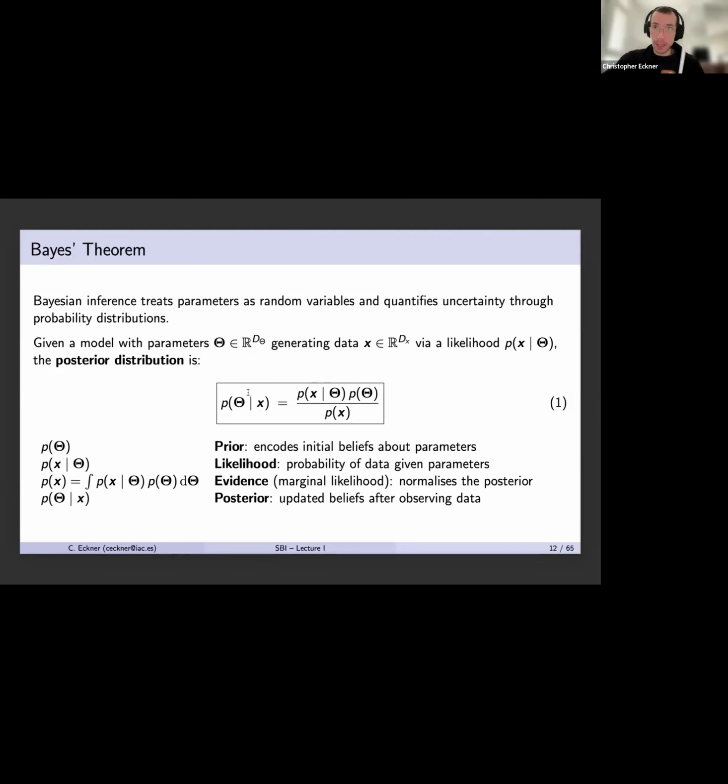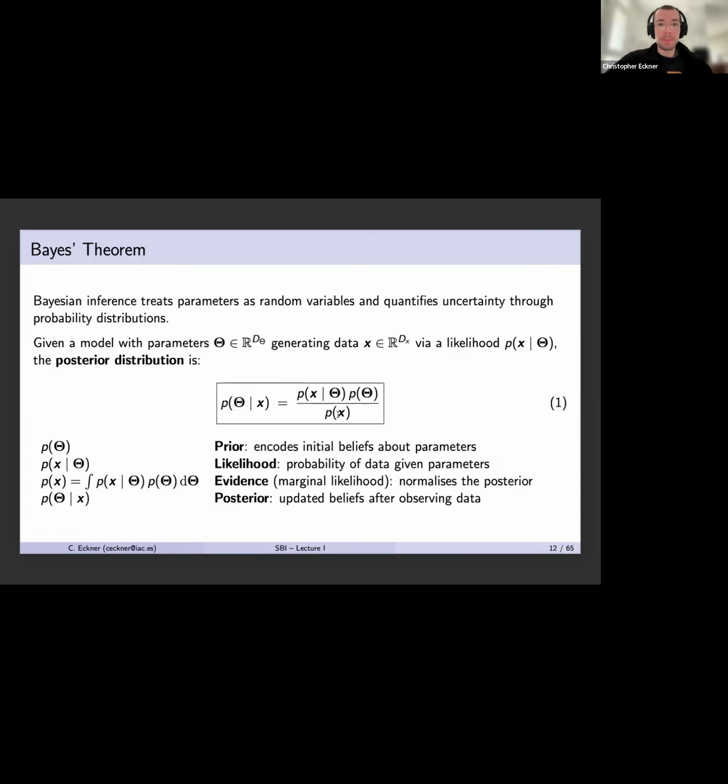You have a likelihood, that is, given the parameters of your model, what is the likelihood of an observation looking like this. And you have here in the denominator the evidence of your data. Once you integrate out the dependence on your parameters, your model will tell you the overall probability of my observation to look like this.